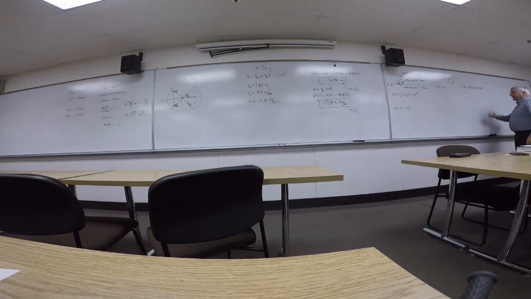So basically we have 0 is equal to 900 sine 40 degrees times t minus 16t squared. We want to solve for t.